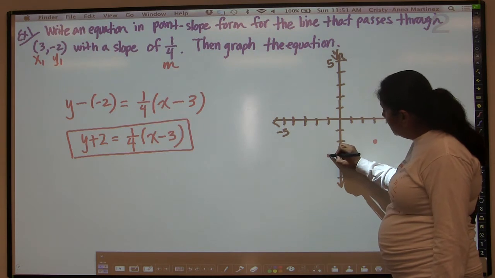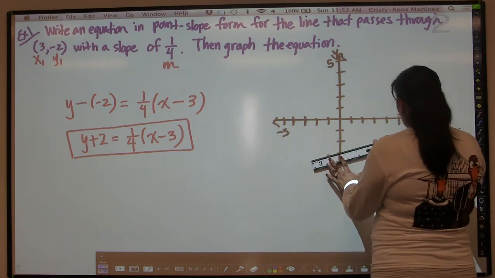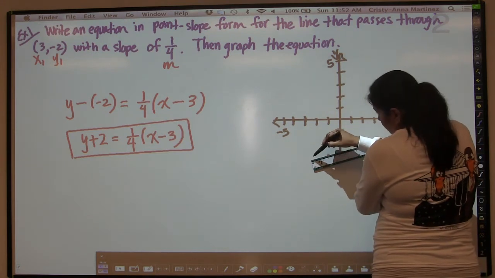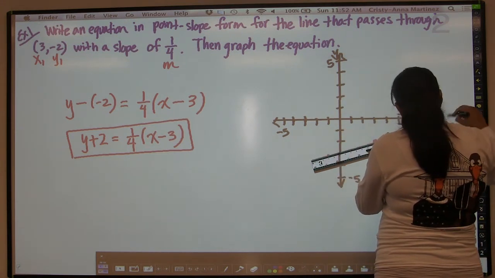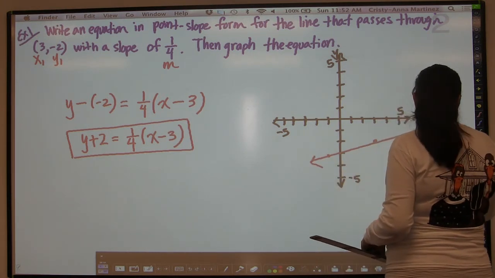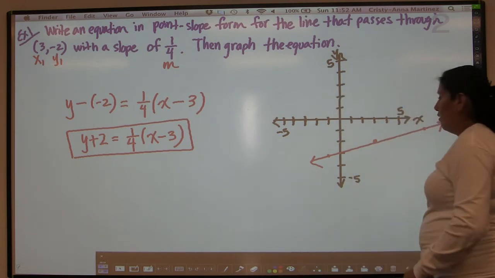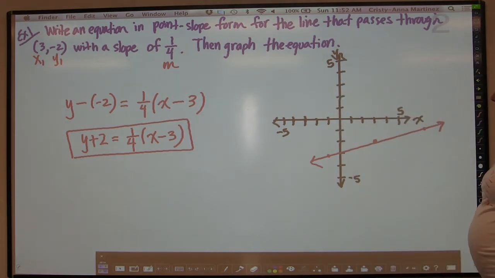Either one of those would work. So now we're going to connect our points here. And just like that, we get our line. And there you go. That's how you graph, and that's how you write the equation.